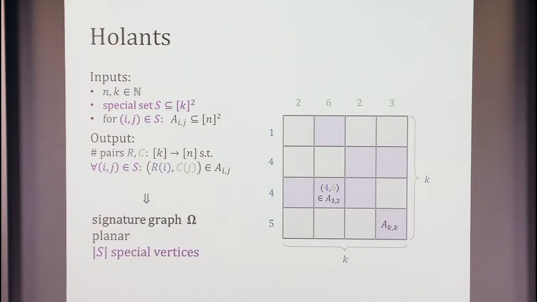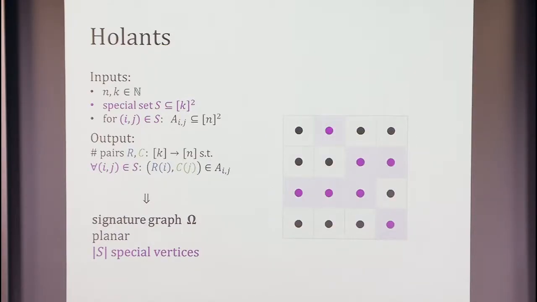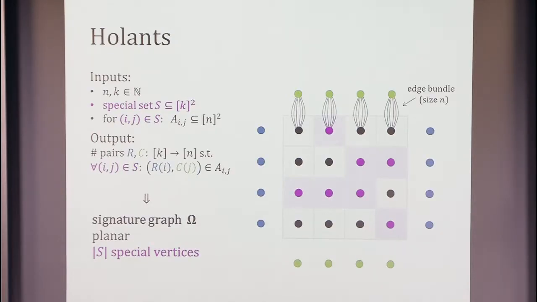Yeah, so then we can reduce this problem, which obviously has a very local structure, to a signature graph Ω, which is planar and has linearly many special vertices. So for each cell we put a vertex, and there will be non-special vertices and special vertices. We put some extra column vertices into our graph and some extra row vertices, and edge bundles.